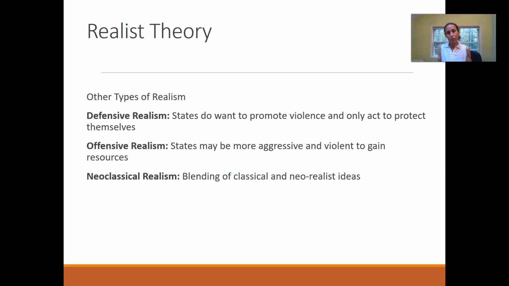And offensive realism, on the other hand, talks about nation states that are aggressive and violent and want more power, more resources. And in the name of this competition between countries, if I am an offensive realist, I believe that my country should be able to go ahead and grab and get everything, regardless of what it means to others.